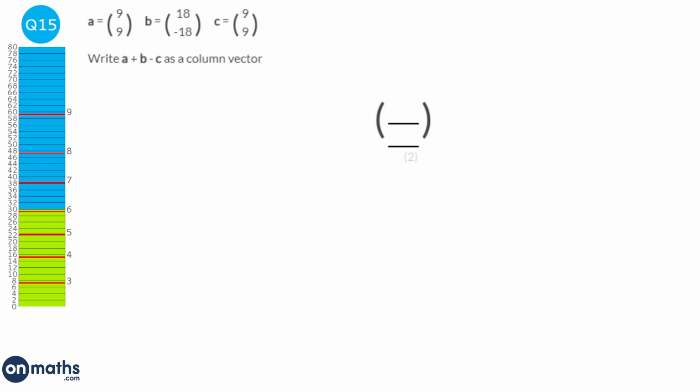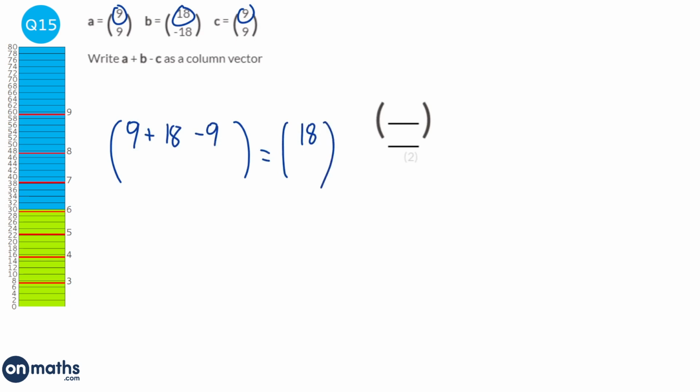So when we're doing column vectors and adding and subtracting them, we just literally add and subtract the top and bottom numbers. So a plus b minus c will be, just looking at the top, 9 plus 18 minus 9, which will equal 18.